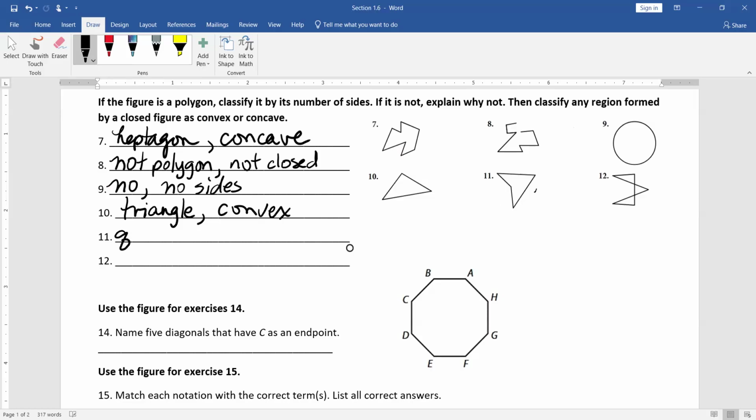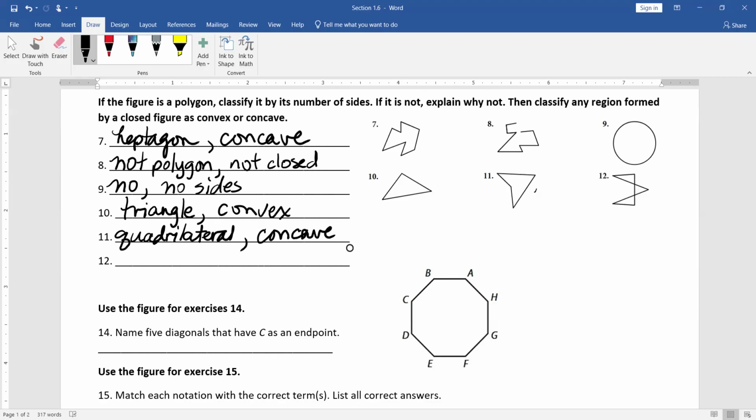So it's a quadrilateral. My brain, I'm done for the day for sure. So this one is a quadrilateral and it is concave. That bottom left side caves in.